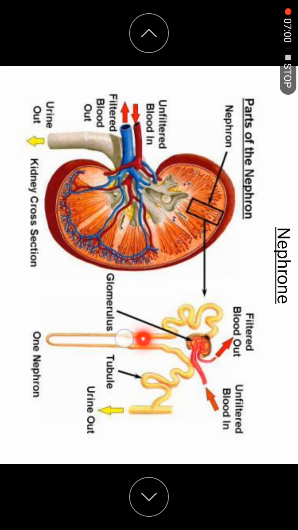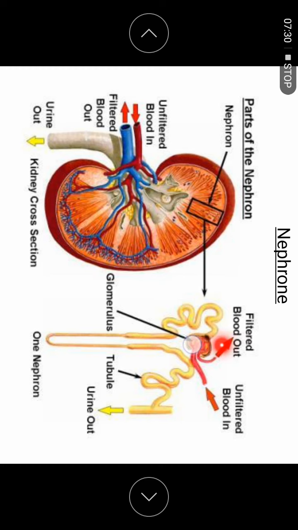This part, the loop of Henle, LH, you see it here, the yellow part, it will go inside the pyramid. Then you have this tubule, and that tubule later we'll see what it means. And then the blood, this is the renal tube. Tube means it contains water or the filtrate.